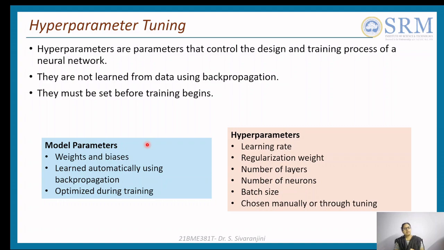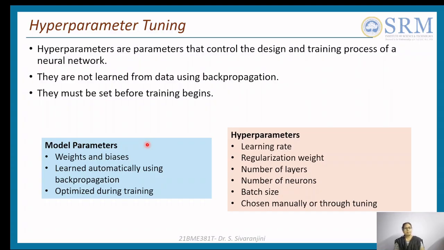Are the hyperparameters learned? No. We set the hyperparameters according to the performance that we got on the validation set, before the training phase happens at each stage. The model parameters, for example the weights and the biases, are optimized and change during the training.